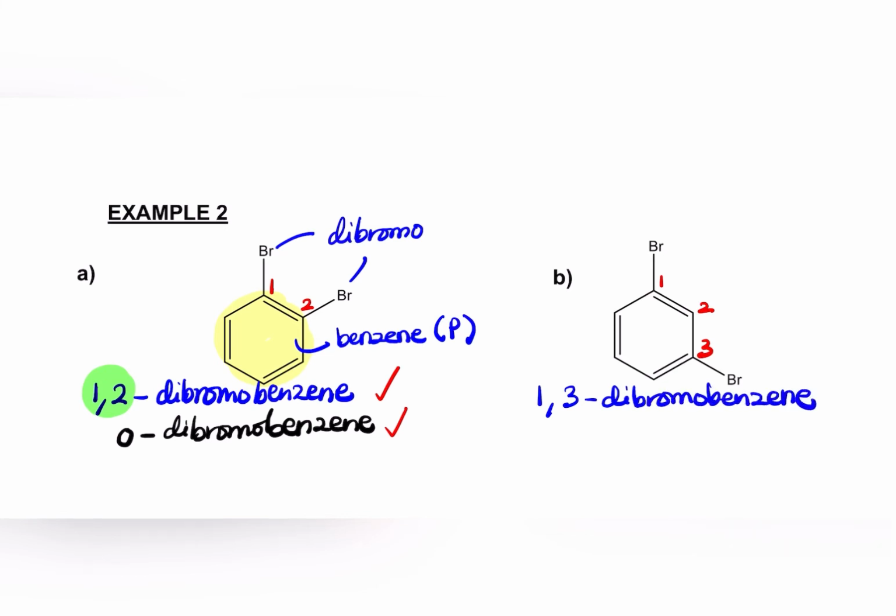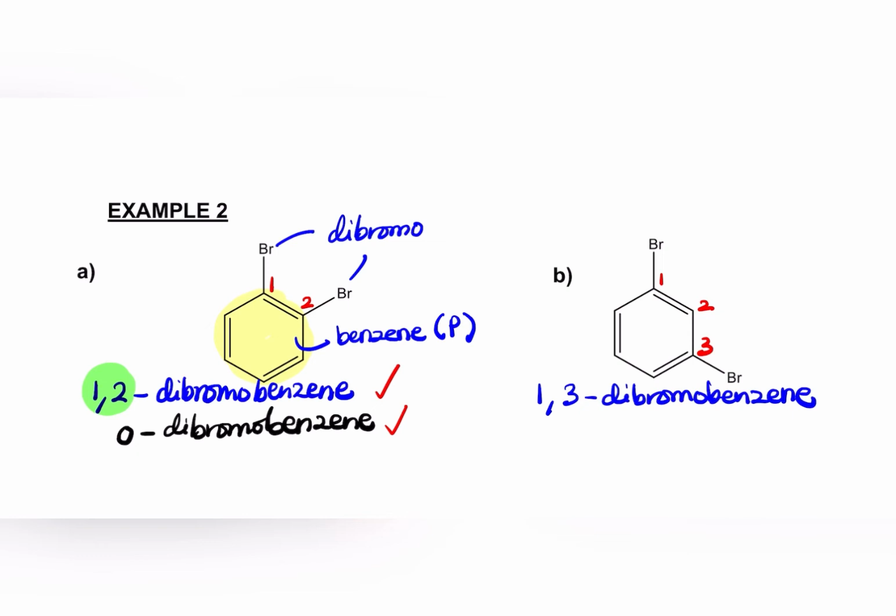And if you take a look carefully, for 2 substituents that attach to carbon 1 and 3, we can also give the name as meta. So I'm going to write it down as M dash dibromo benzene. So this will be another name for structure B.